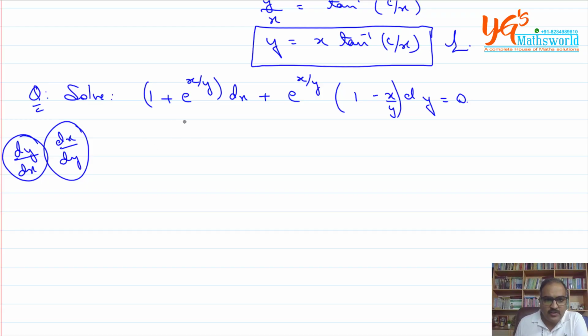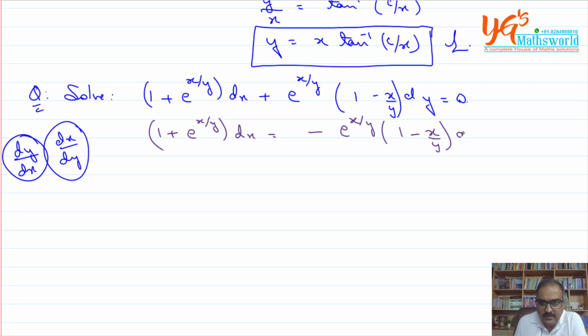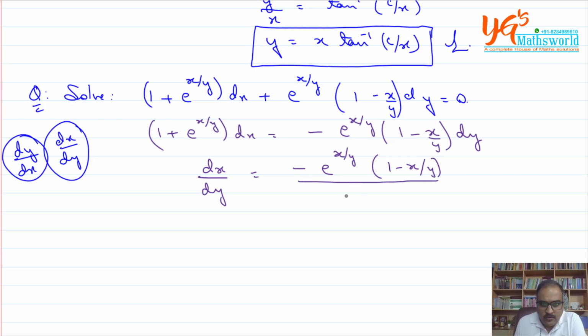So solution for this one, first of all I need to separate both of the terms. e raised to power x upon y dx is equal to minus of e raised to power x upon y into 1 minus x upon y dy. So dx upon dy is equal to minus e raised to power x upon y into 1 minus x upon y over 1 plus e raised to power x upon y.